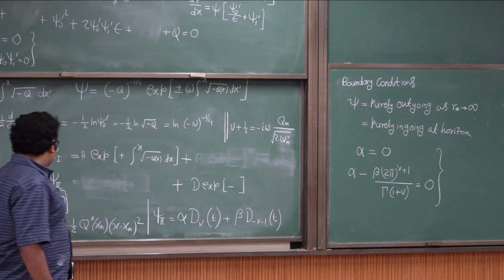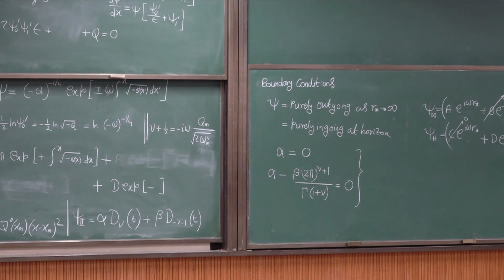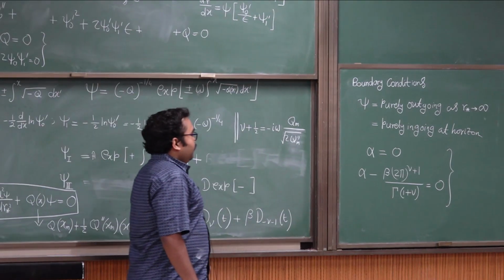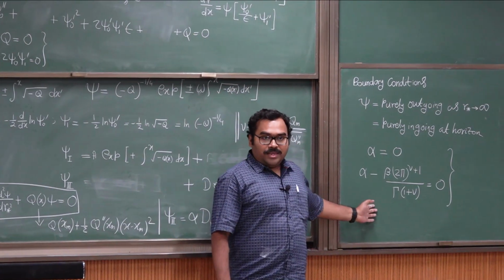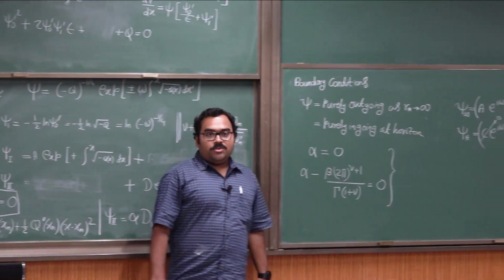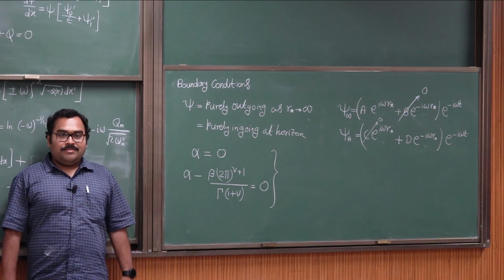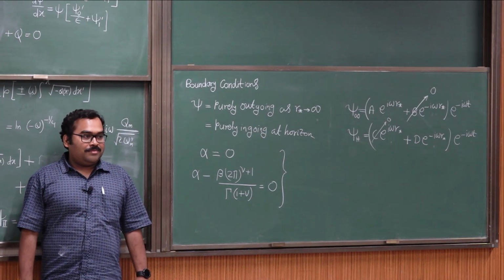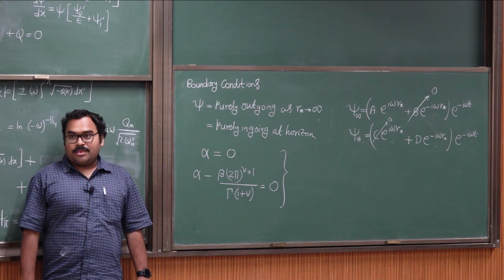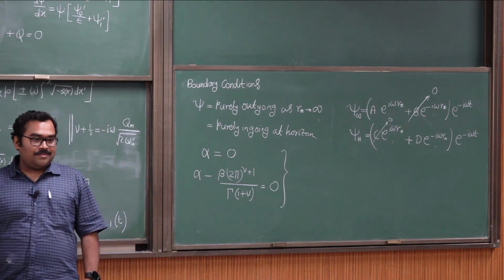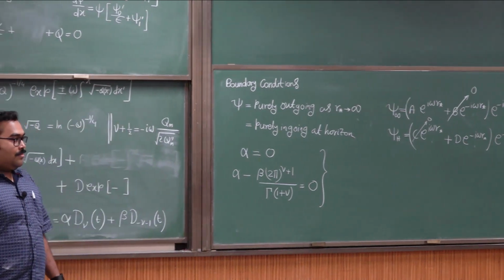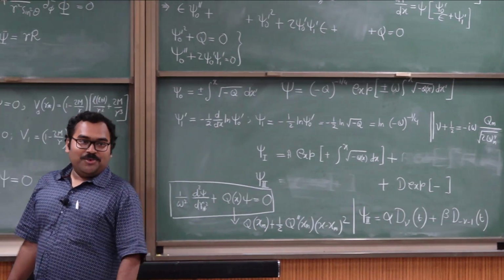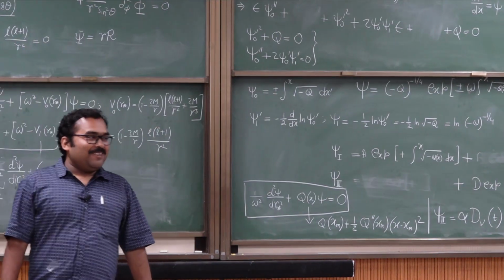Qm is this Q at maxima. Is this one Q double prime at maxima? Is this clear? Now what do you think is the solution? Alpha equal to 0, beta equal to 0, right? Then psi 2 itself is 0.